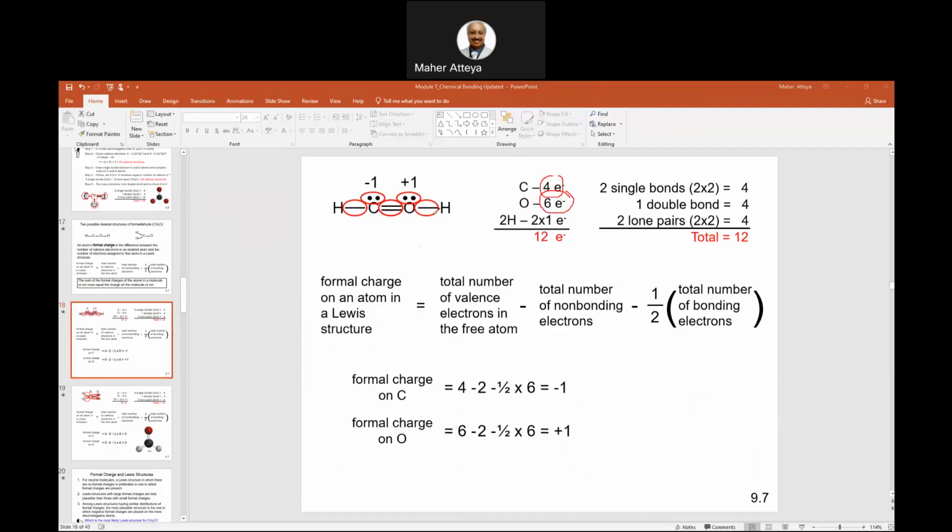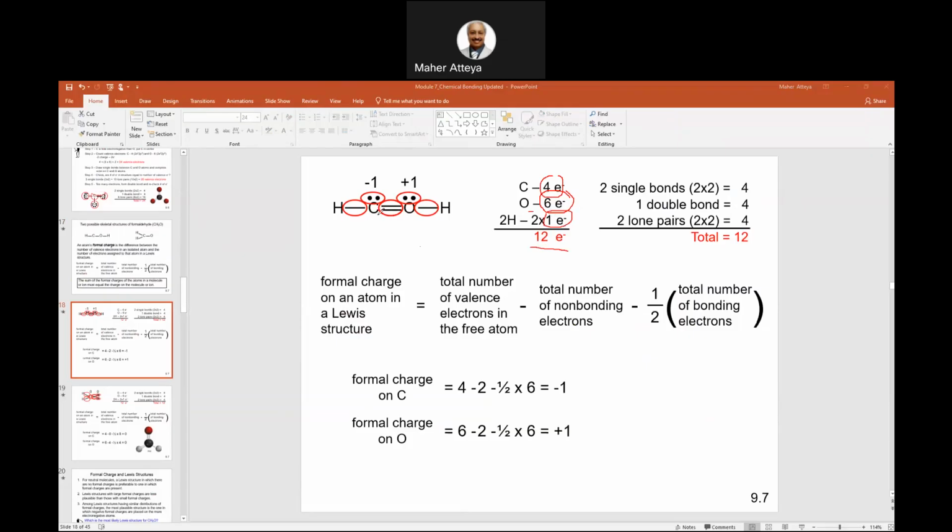Hydrogen is 1, but because we have 2 here, just to determine the total is 12 electrons, correct? So what's the formal charge will appear on oxygen and the carbon or hydrogen. We can calculate any atom we want.